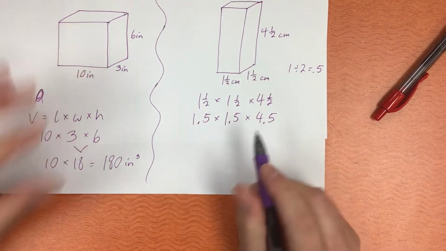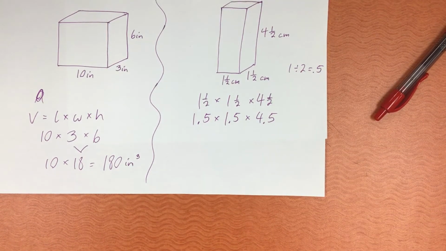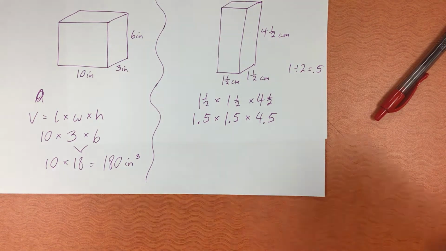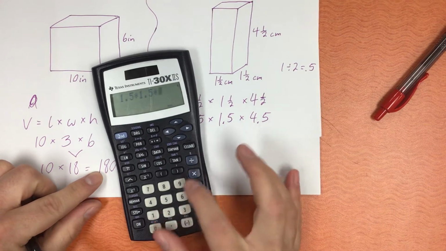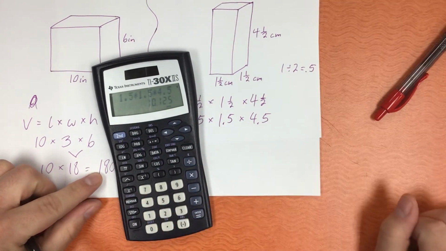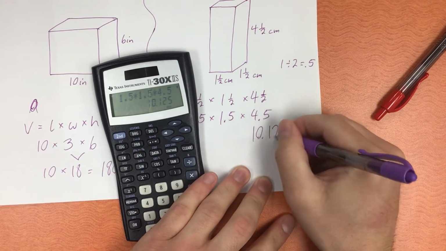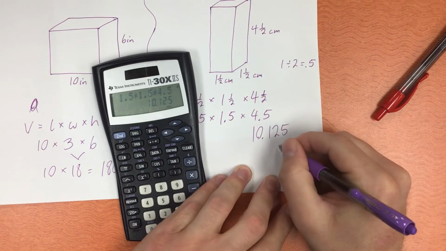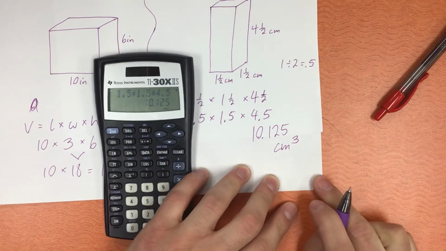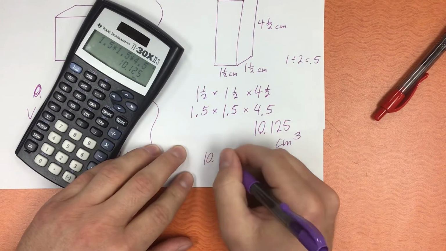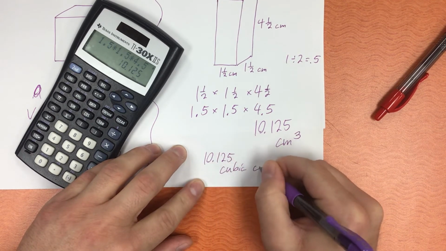So if I go ahead and do this, I should have grabbed a calculator because I don't know that in my head. I go 1.5 times 1.5 times 4.5, and I end up with 10.125 centimeters cubed, or 10.125 cubic centimeters.